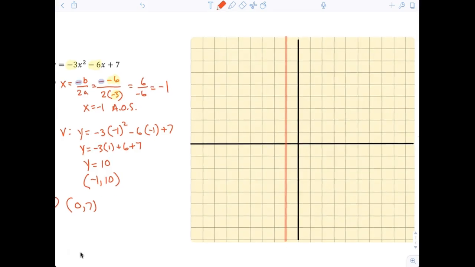So there's 10, there's -1. Is everybody okay with that? Just mark it. And then the next one is, the y-intercept is 7, right? So 10, 9, 8, 7. So mark this point right here as 7. And then there's that point right there. Anybody have any issue with that?